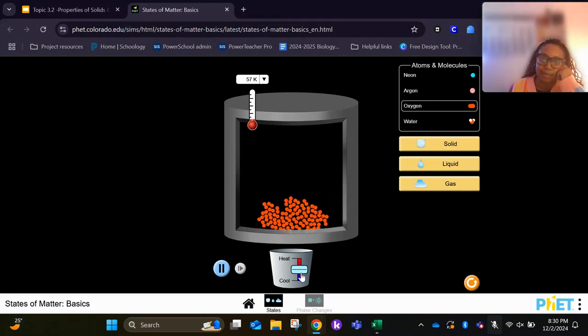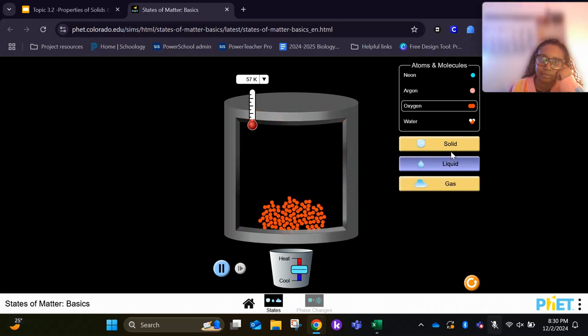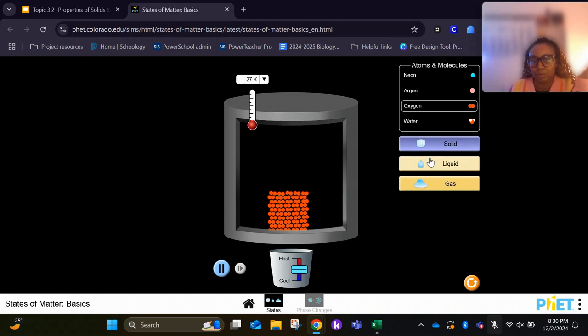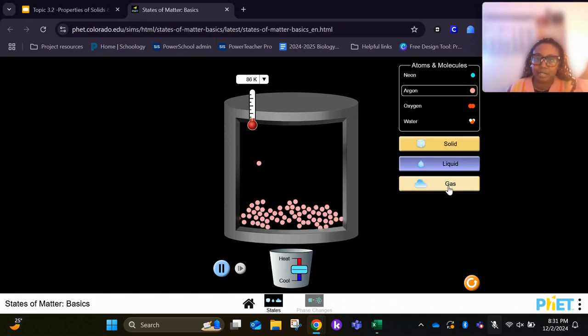The same thing can happen with any of these. This is oxygen gas by itself. This is oxygen in liquid form. This is oxygen as a solid. Then argon, and the reason these are important: oxygen is one we commonly use, and argon is a noble gas, so it doesn't really interact much with other things.